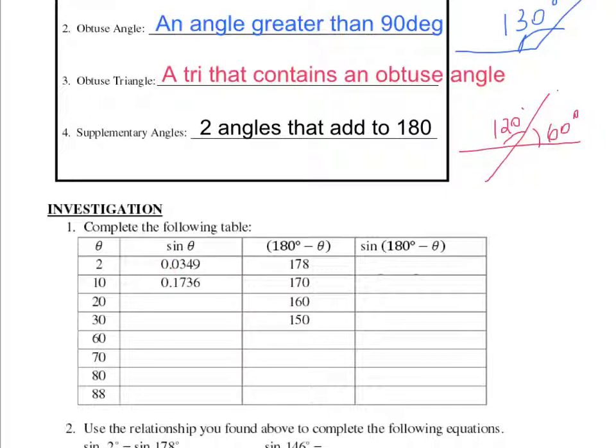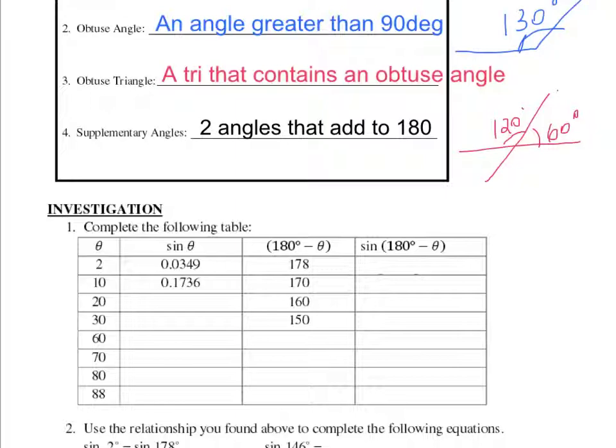And over here, I've taken this angle and subtracted it from 180, so I got 178. And then I'm going to punch in sine 178 and see what I get. So first I want you guys to pause the video and punch in sine of 2 degrees and see if you get this ratio.